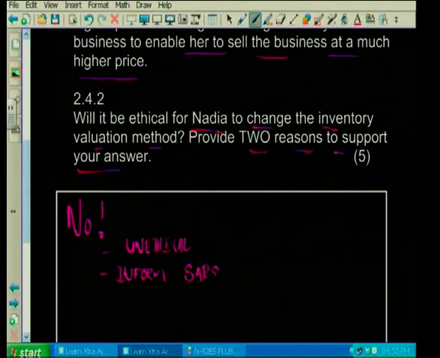It needs to do this in writing to SARS, giving them very good reason why we need to change our method of stock valuation. Otherwise, you would be misleading the potential buyer. Understand that that is not ethical. We can't do things like this just to ensure that we can sell the business at a profit.